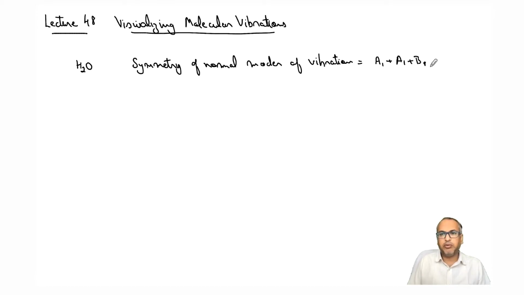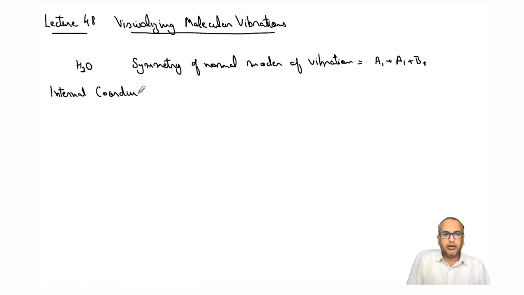So there are two A1 modes and one B1 mode, right? But we don't know how it looks on the molecule. So can we use our knowledge of symmetry and group theory to visualize these molecular vibrations? Yes, we can do that if we use internal coordinates.